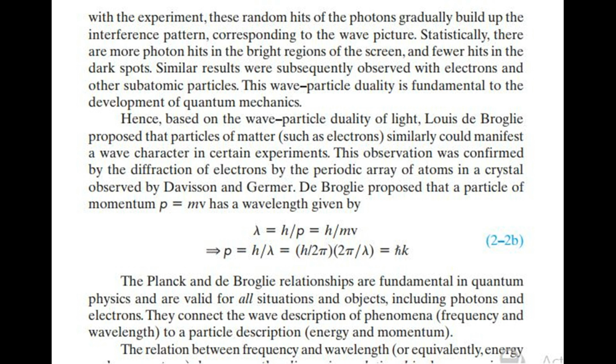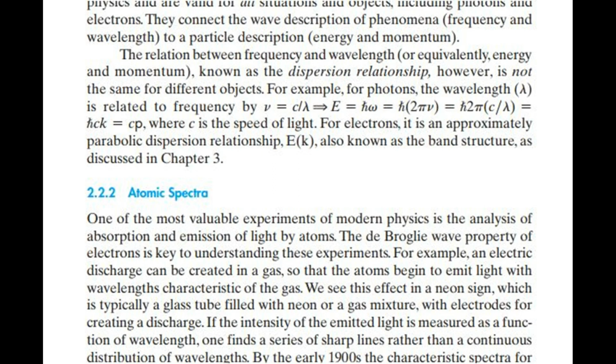The Planck and de Broglie relationships are fundamental in quantum physics and are valid for all situations and objects, including photons and electrons. They connect the wave description of phenomena, frequency and wavelength, to a particle description, energy and momentum. The relation between frequency and wavelength, or equivalently, energy and momentum, known as the dispersion relationship, however, is not the same for different objects.